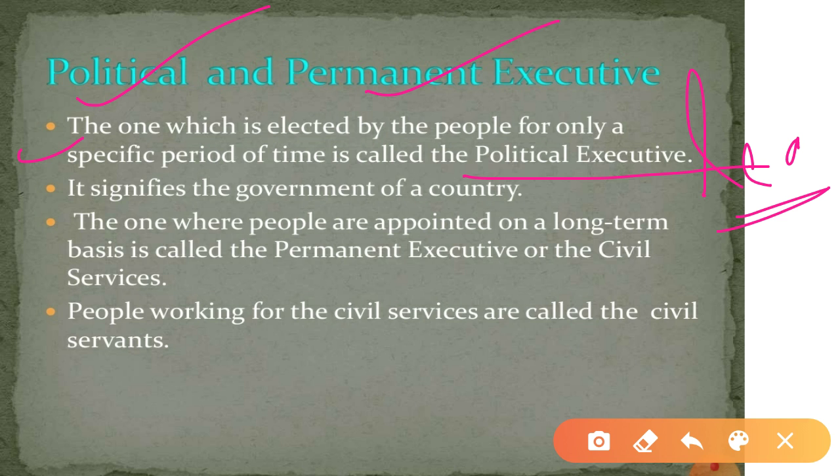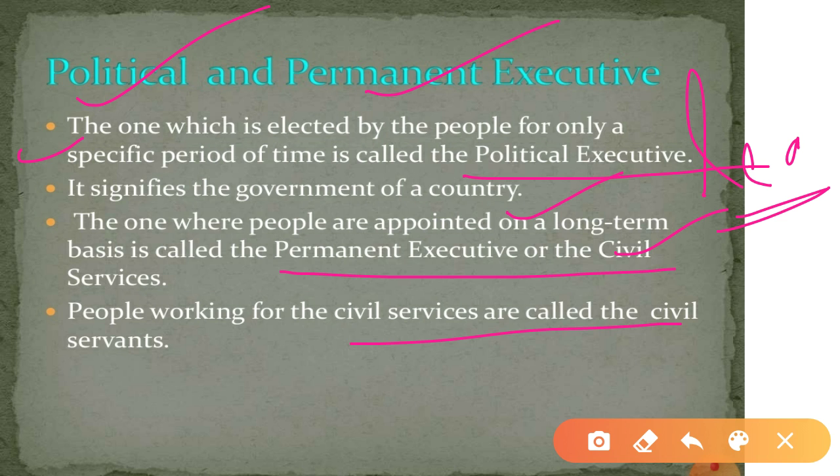It signifies the government of a country, because these leaders or representatives form the government. The one where people are appointed on a long-term basis is called the permanent executive, or the civil servants. People working for the civil services are called civil servants, meaning the people who give the examination for government jobs and are selected for this work.